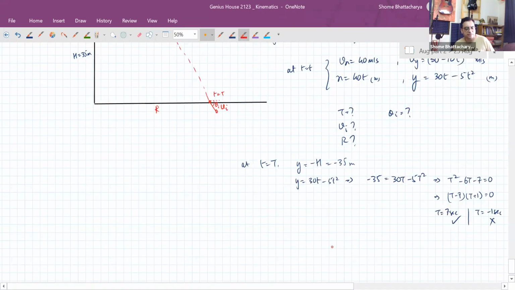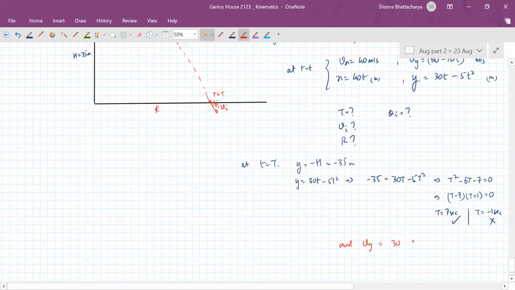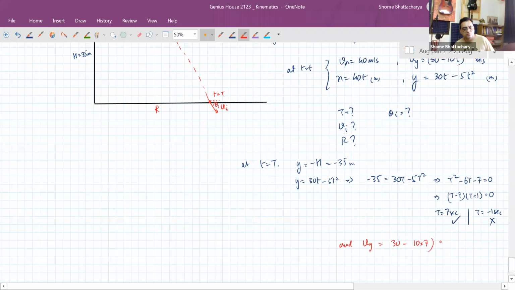From that we can see that Vy would be equal to 30 minus 10 into 7, it would be minus 40. So V impact would be 40 i cap minus 40 j cap.